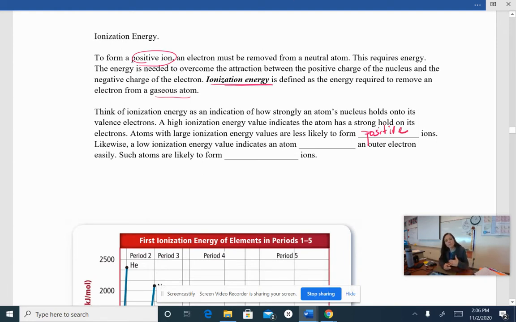So if I have a really large ionization energy, I'm not going to form positive ions. By and large, I'm going to be forming negative ions. Likewise, if I have a really low ionization energy, meaning that it's really easy for me to take that electron and pull it away from the atom, it's going to be very easy to pull that electron off and make a positive ion.